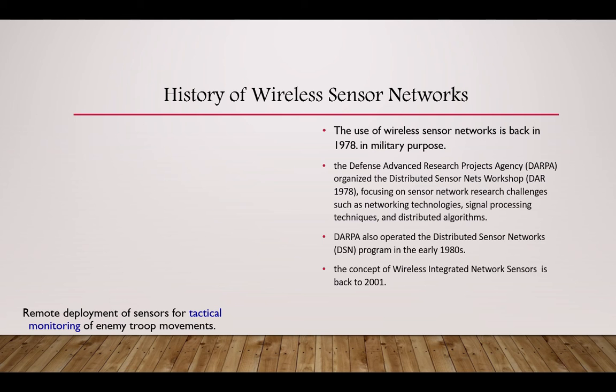DARPA also operated the Distributed Sensor Network program in the early 1980s, which was then followed by the Sensor Information Technology program. The University of California at Los Angeles proposed the concept of wireless integrated network sensors in 2001.